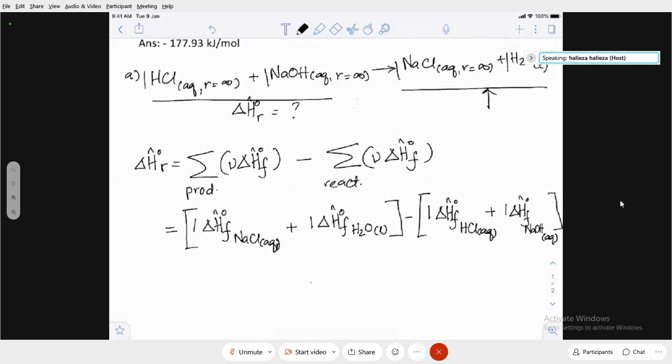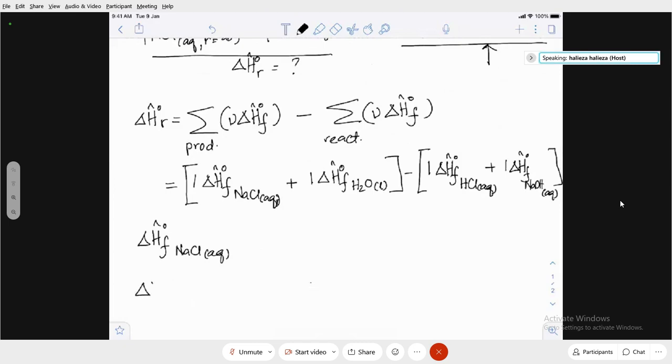So now what you have to do is just get the heat of formation of all these components. If you can get it from appendix B1, that's very good. So let's see what values are available. We need sodium chloride aqueous. We need the heat of formation for liquid water, which is obviously going to be available in appendix B1.